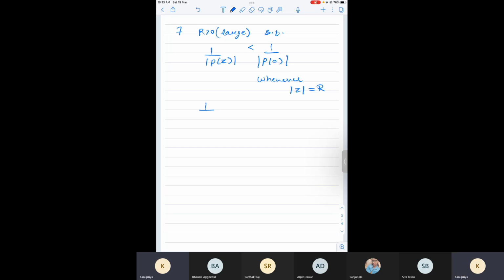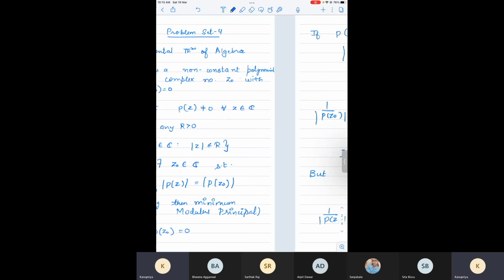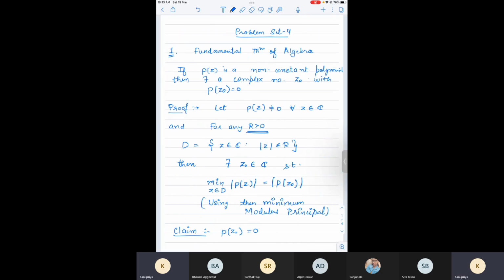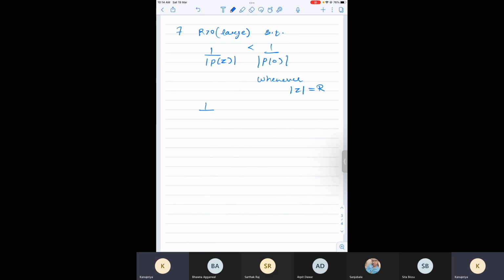Now, the previous R was arbitrary, but now we are getting some R from the limit definition. Using this R in that disk, we have mod z equal to R. So this will be true for z naught also. But this was the maxima. Therefore, we got a contradiction. Is it fine?